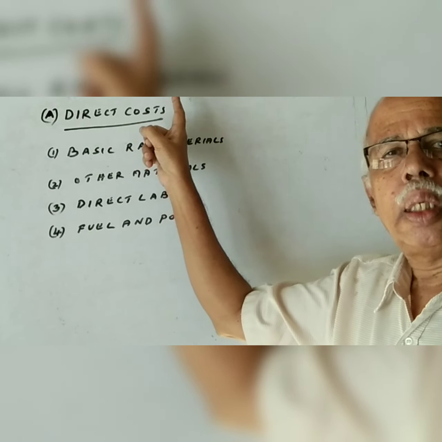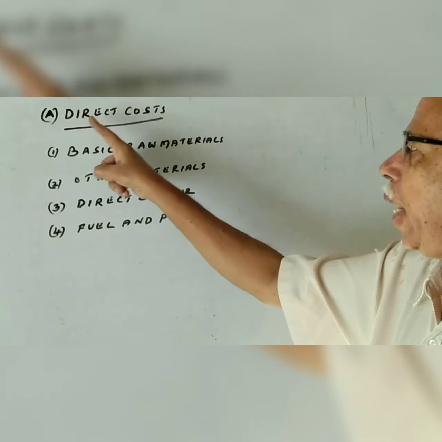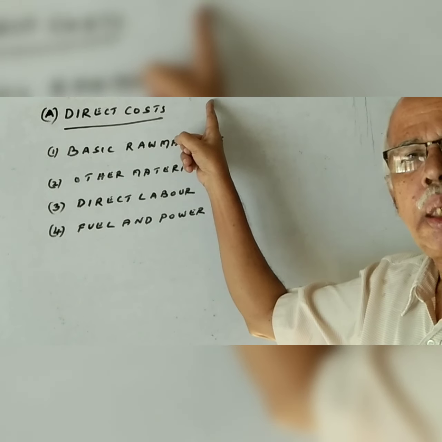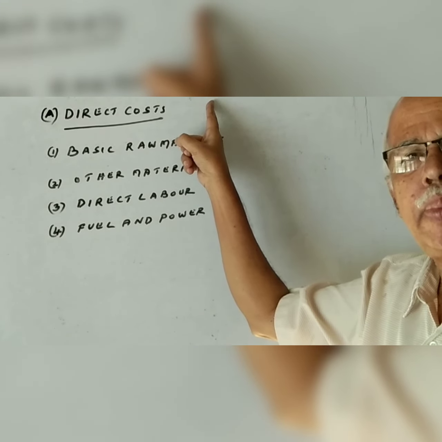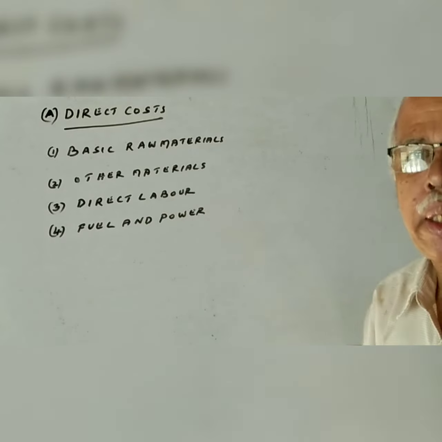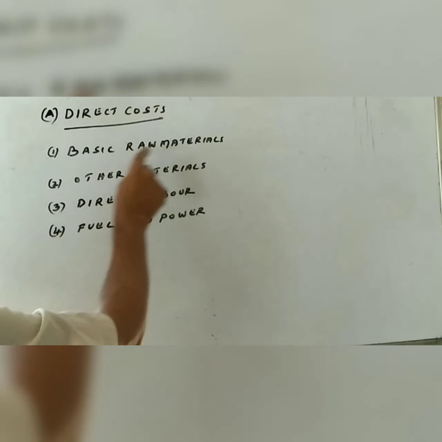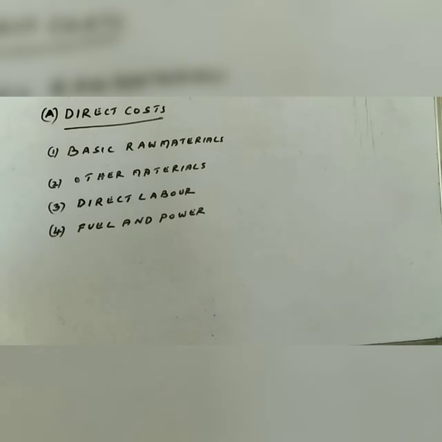We will start with direct costs. Direct costs are those that were incurred by a company and can be attributable directly and clearly to the final product. We will now examine what these are. 1. Basic raw materials.